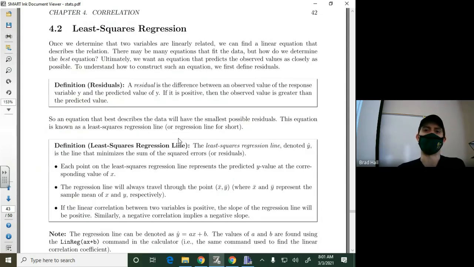Before, we found how strongly two variables can be correlated. So we were talking about the correlation between two variables. When you find a linear correlation, then you can draw a line if you have a scatter plot, or you can construct a line, and the goal is for this line to give you a very good indication of how to predict values that may not be given to you.